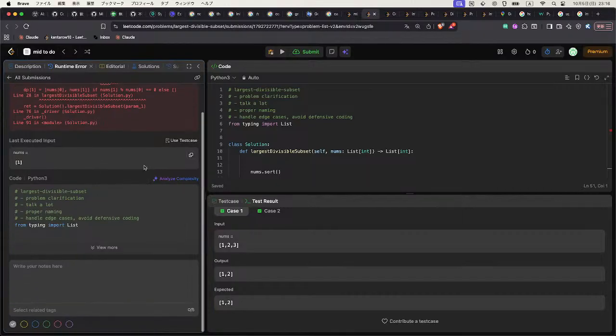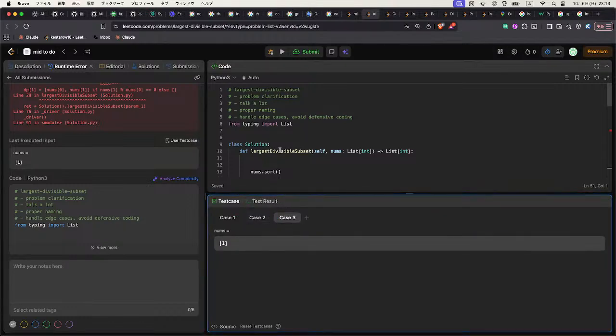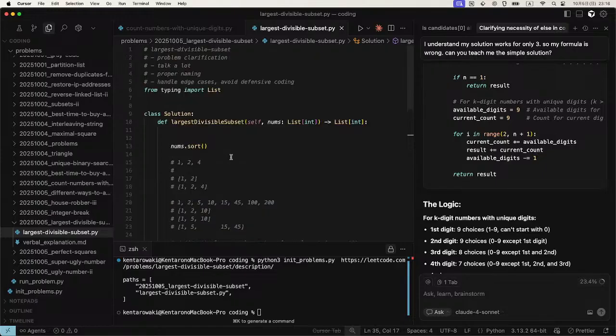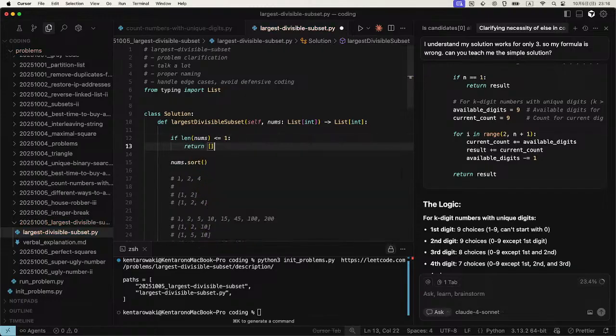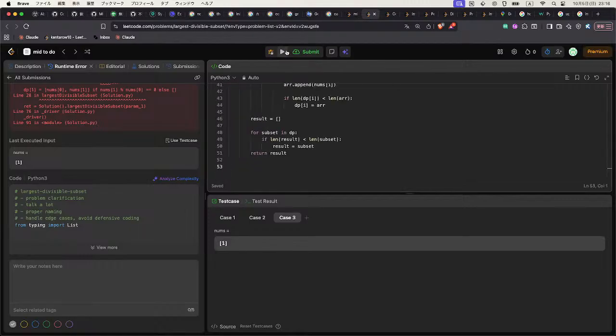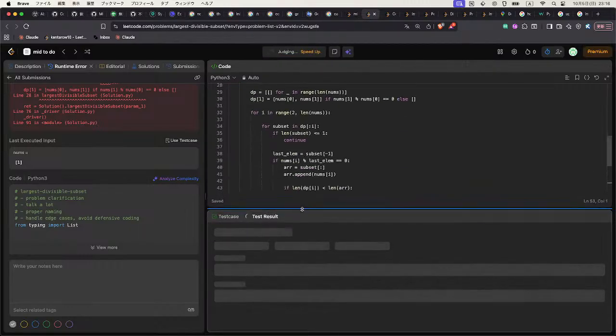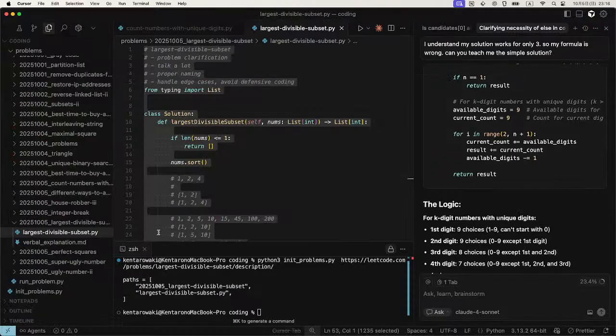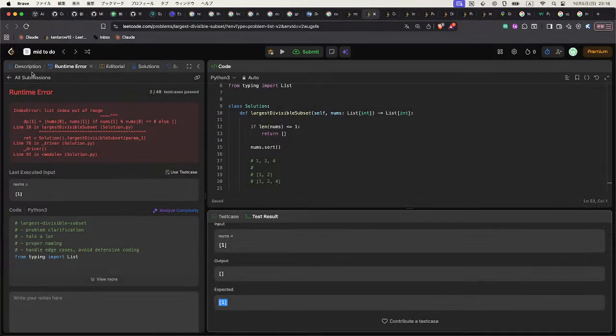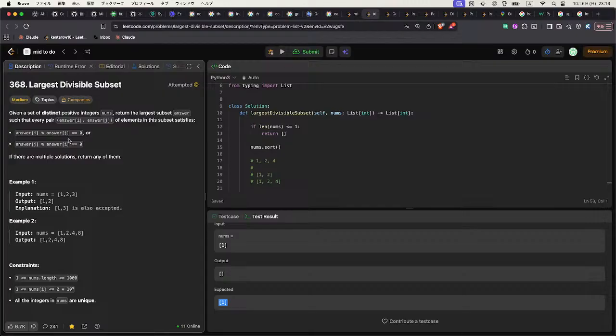Index out of range. What? I and J could be the same, so I misunderstood.